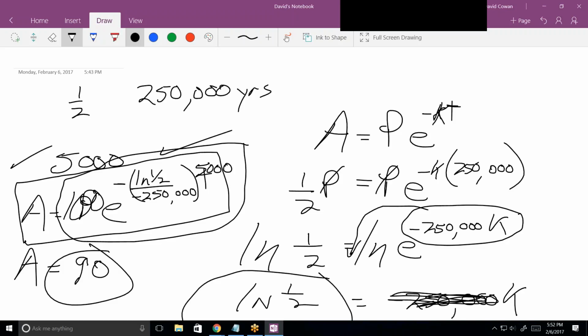How many decimal places do they want you to round off your answer to? It doesn't say. So I plugged in that number for K, and then times it by 5,000.